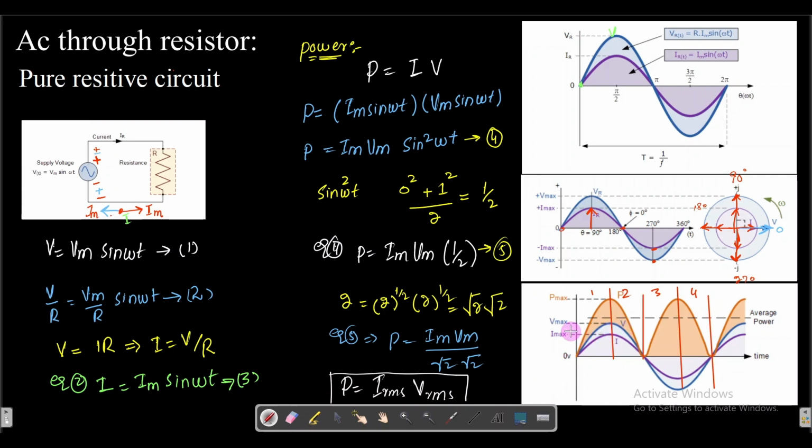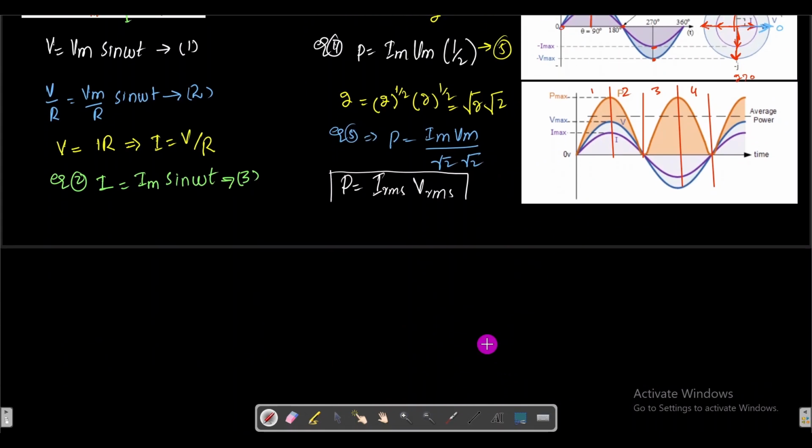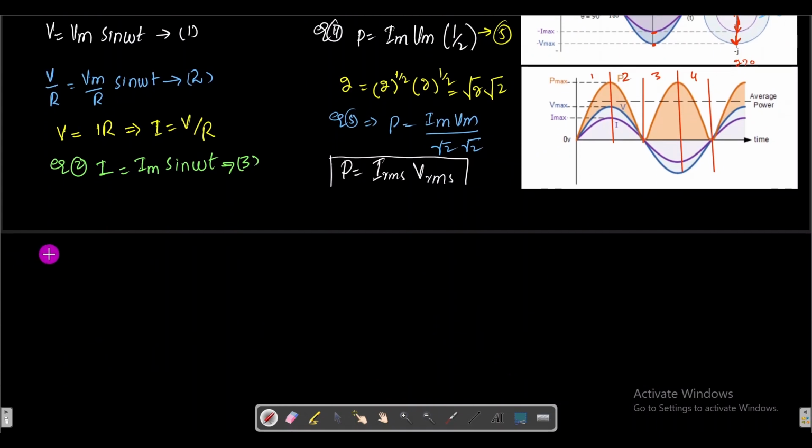So here this is the sinusoidal wave for the voltage, and this is the sine function for the current. Okay, so we know that P is equal to IV.